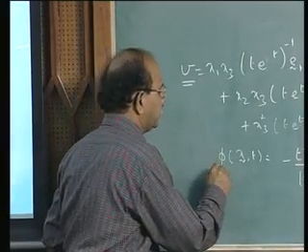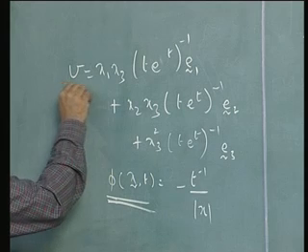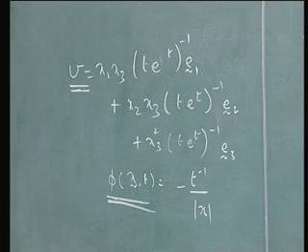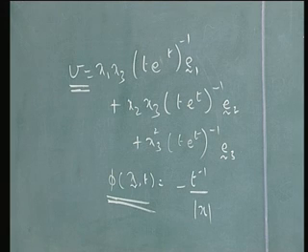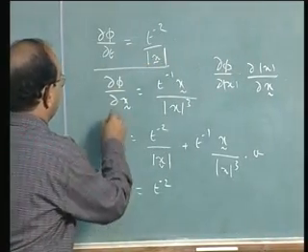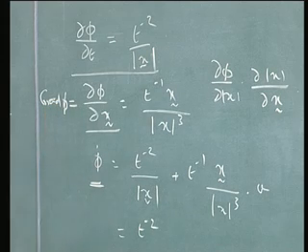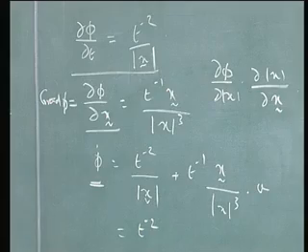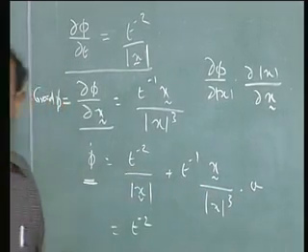Phi, a variable scalar field, was given, and the observer was supposed to move with a velocity v. We said it's equivalent to calculating the material derivative. It's a relative term. Whether the observer moves or the material particle moves, it's all the same. So what you do is calculate dou phi by dou t, then calculate dou phi by dou x, or in other words grad of phi, then calculate phi dot, the first term being dou phi by dou t, plus grad of phi dot v.